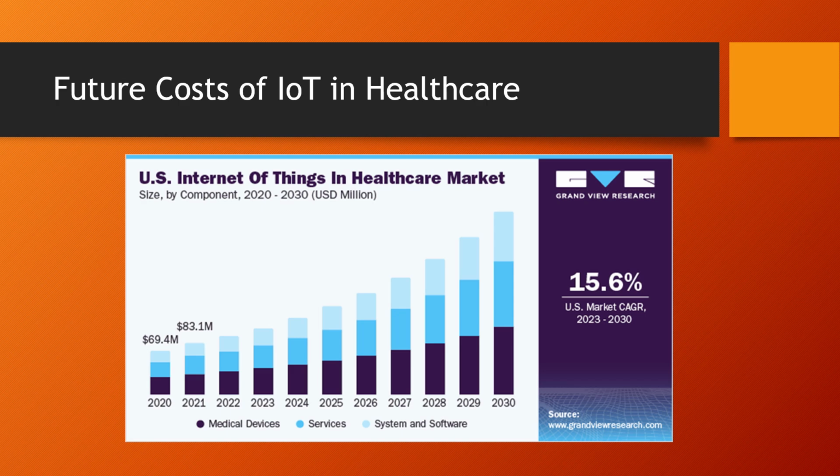It doesn't show all the prices, but based on this, in 2021, 83.1 million, and the year 2024, I have to say it's a little over 200 million, and as you can tell, it's going at a pretty high increased rate.